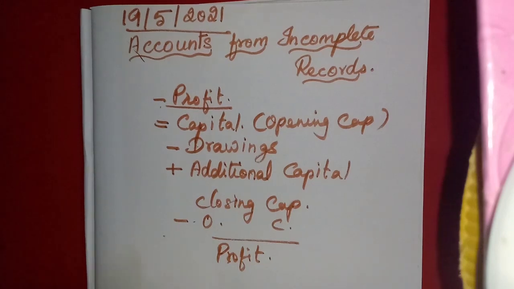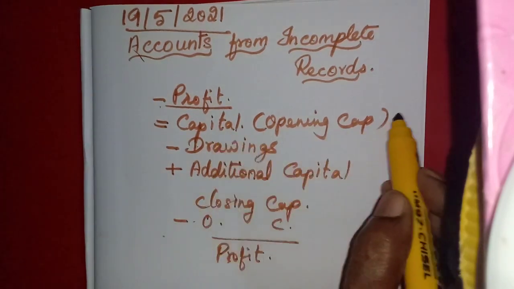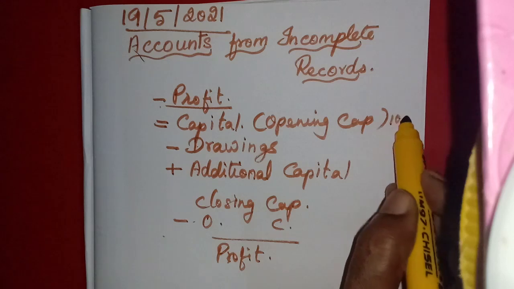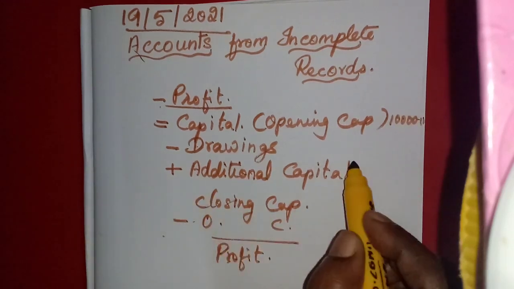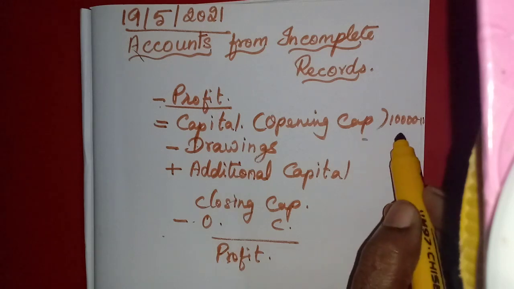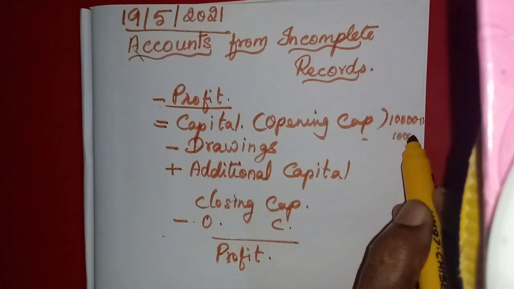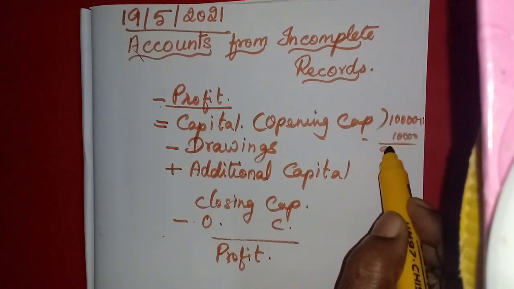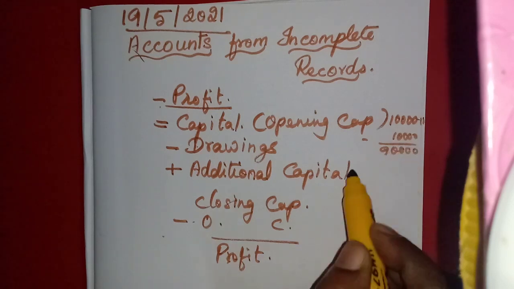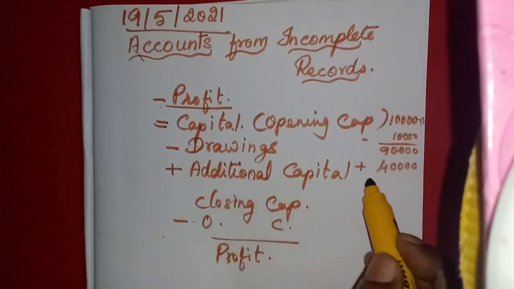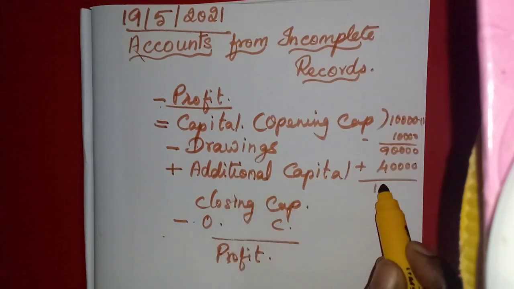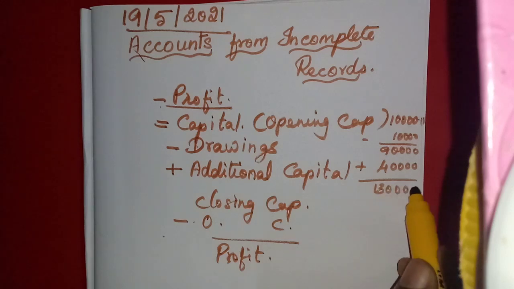Okay, for example, they have introduced 1 lakh capital. Then they have withdrawn 10,000. So how much is it coming? 90,000, isn't it? Then he has introduced again 40,000 additional capital, we have to add. So 1,30,000 now he is having.